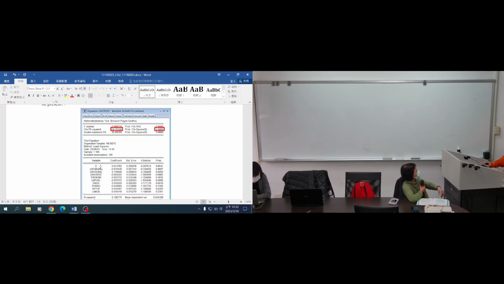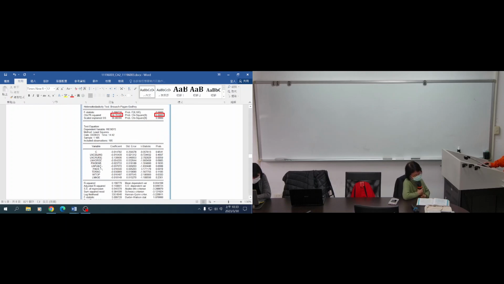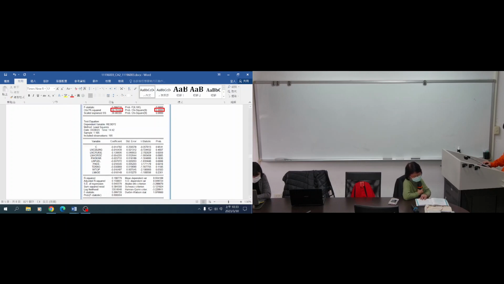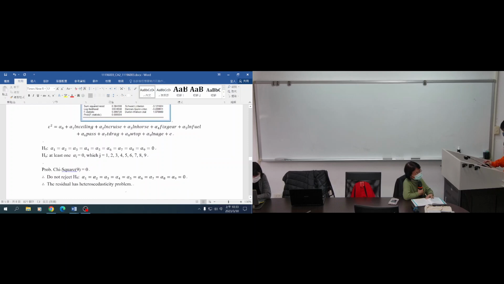So step 4 is the original BP test that we run, and the chi-square here is 0, which means there's a heteroscedasticity problem, and the formula is like this.